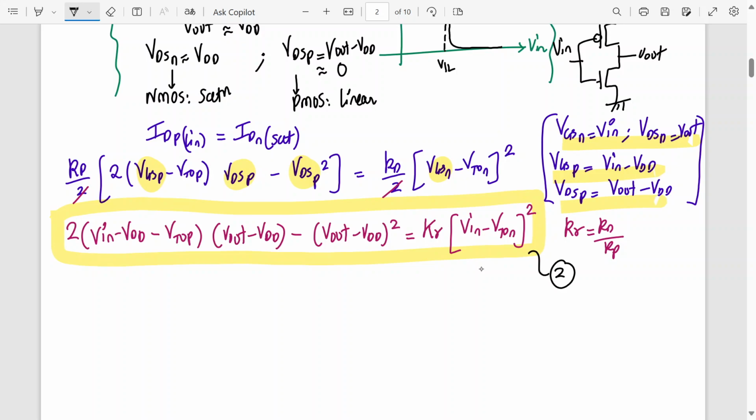So equation number 1 was Vout equal to 1.5 times Vin plus 1.05. Now wherever you see Vout, you have to substitute this equation. Have you understood this step, or do you have any doubts?